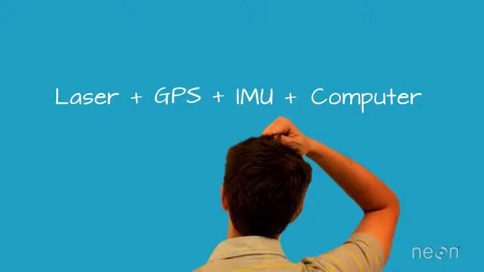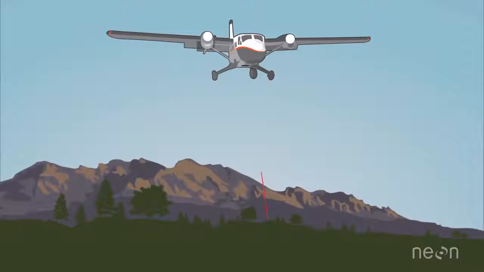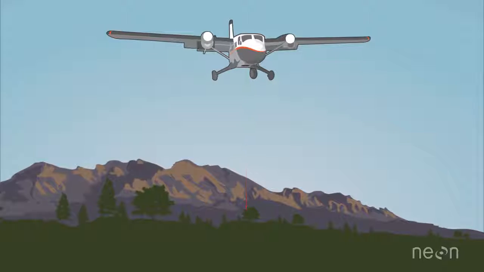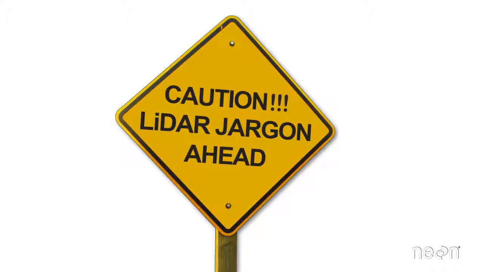Now you may be wondering, how do the laser, the GPS, the IMU, and the computer all work together to get us these fantastically useful Lidar datasets? Well, the laser in a Lidar system scans the Earth, actively emitting light energy towards the ground. Now, before we go any further, let's get 2 key Lidar terms associated with this emitted light energy out of the way. You know, so we can speak Lidar and all.